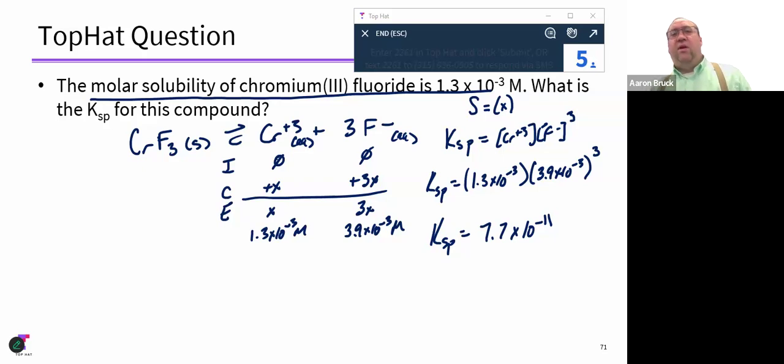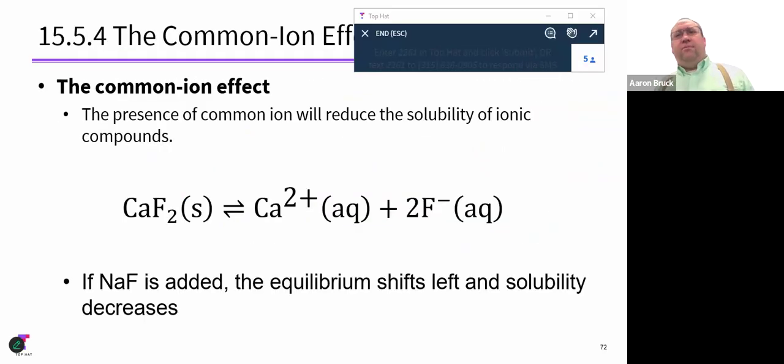Okay, so that's the kind of stuff that we would want to do if we were just looking at, I drop this salt into water, what happens? Well, let's start to explore some other kinds of things. Let's start to look at some factors that impact solubility. And the first thing that we're going to look at is we're going to call back to the very beginning of the chapter. We talked about the idea of the common ion effect.